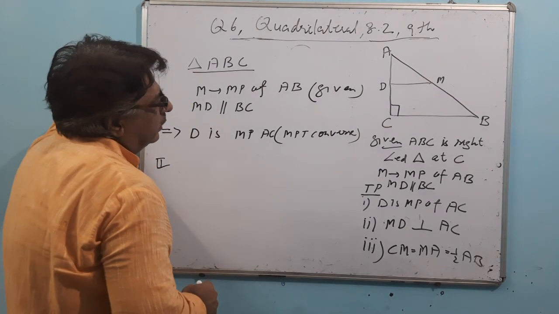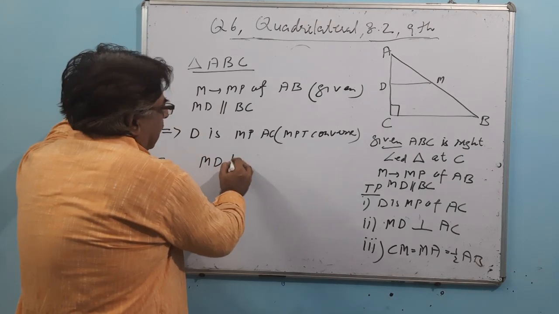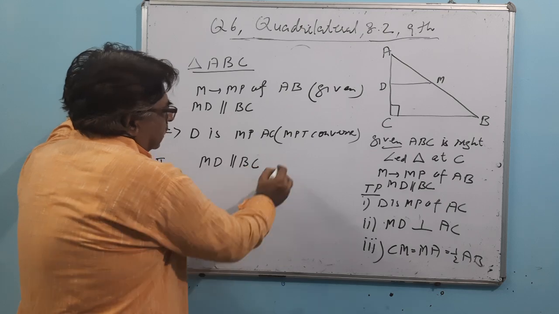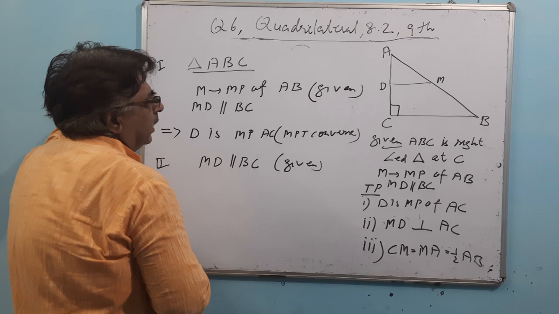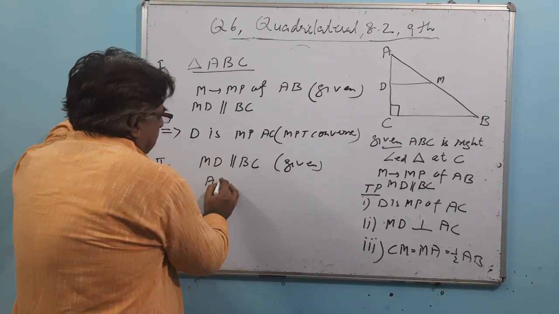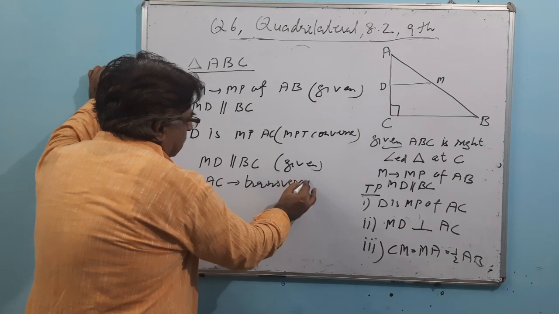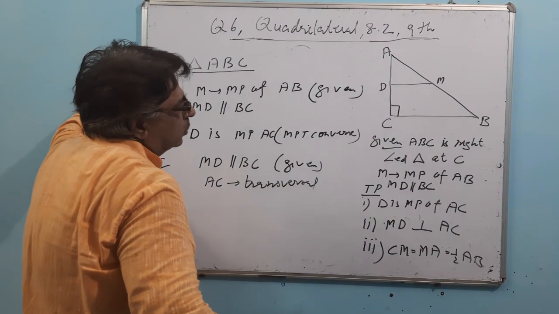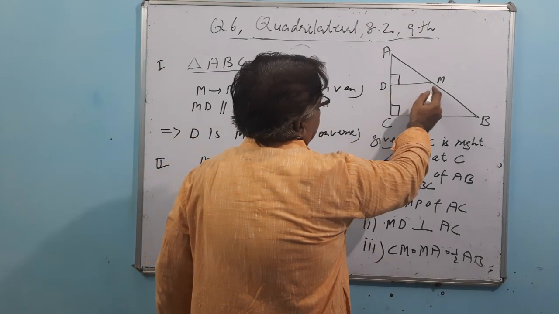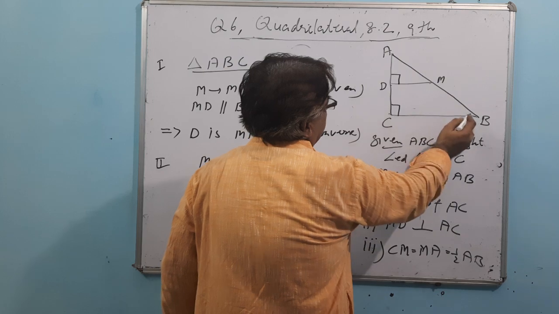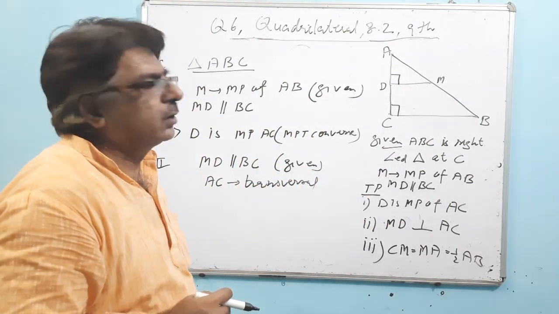We are given that MD and BC are parallel to each other. And AC is the transversal. So, angle ADM and angle ACB will be equal by the property of corresponding angles.